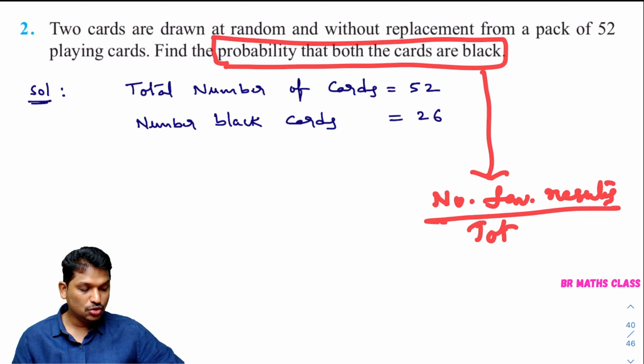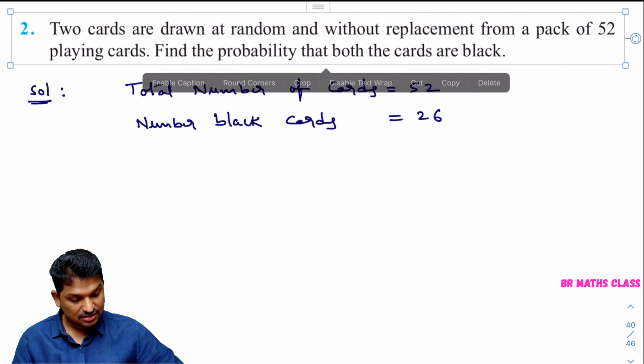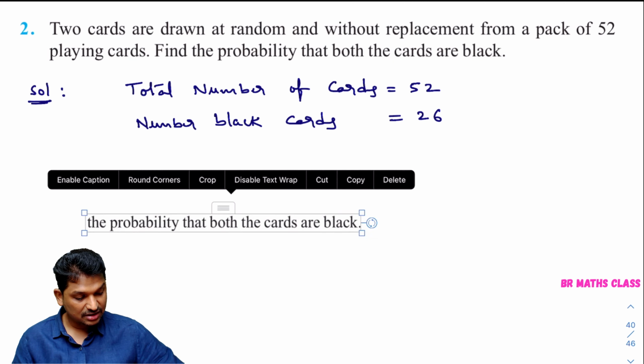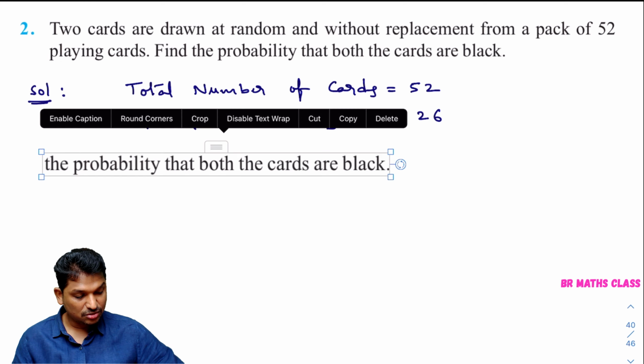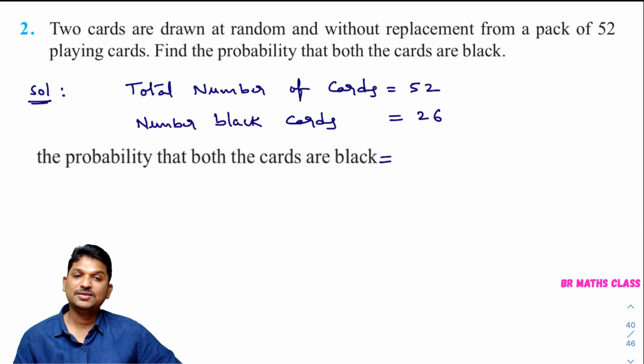Correct? So I'll write the probability that both the cards are black, which I need to calculate, equals number of favorable results divided by total number of results.